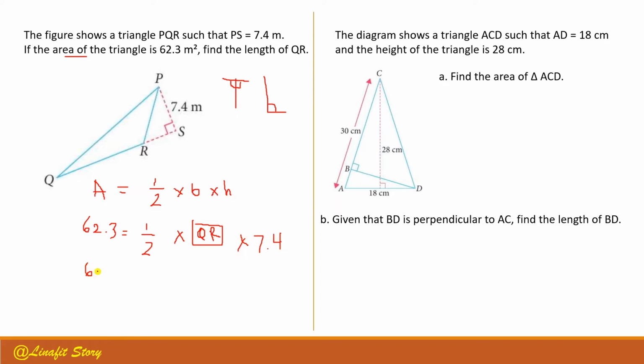So 62.3 is equal to 3.7 times QR. To get QR, it is 62.3 divided by 3.7. The answer is equal to 16.8 meters. This is 3 significant figures.